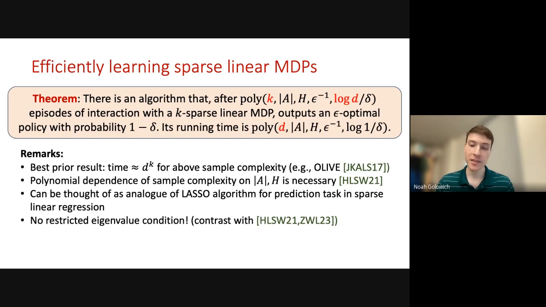And in some sense, making such an assumption eliminates the need for active exploration, because the restricted eigenvalue assumption essentially requires that the feature vectors span a well-conditioned, or in some sense exploratory, distribution. And in fact, making do without such an assumption leads to some of the main technical obstacles that we have to overcome in our proof.